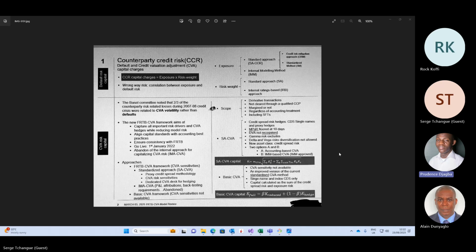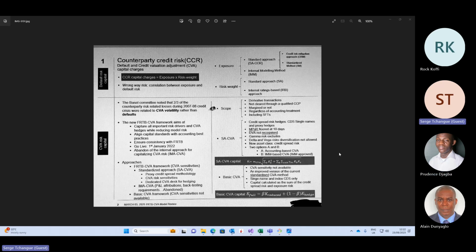Even though the two can be classified under counterparty credit risk, when the counterparty defaults, that's where we can evaluate the CCR capital charge. But in the case of CVA, I'm not getting the point. It could be exactly the same thing.